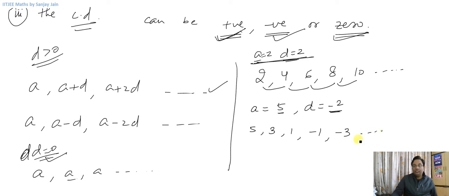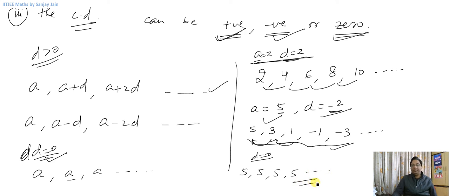So this is an AP with first term as 5 and common difference as negative 2, and you can see that this is a decreasing AP. Each term is lesser than its previous term, right? And when I take d equal to 0, I can give you an example like this: 5, 5, 5, 5. This is also an AP with common difference as 0, right?